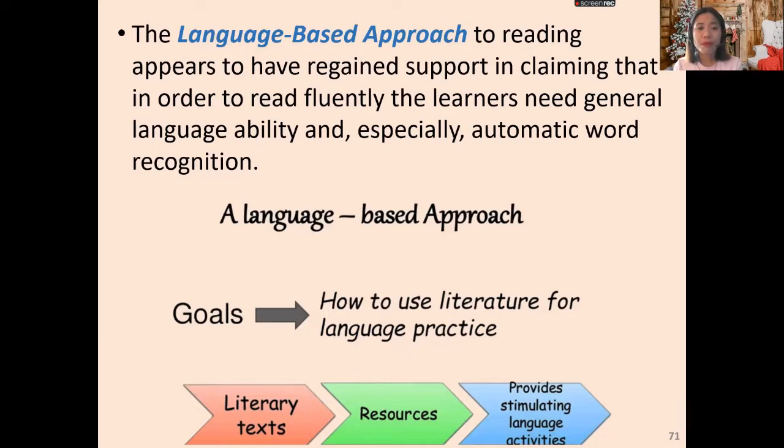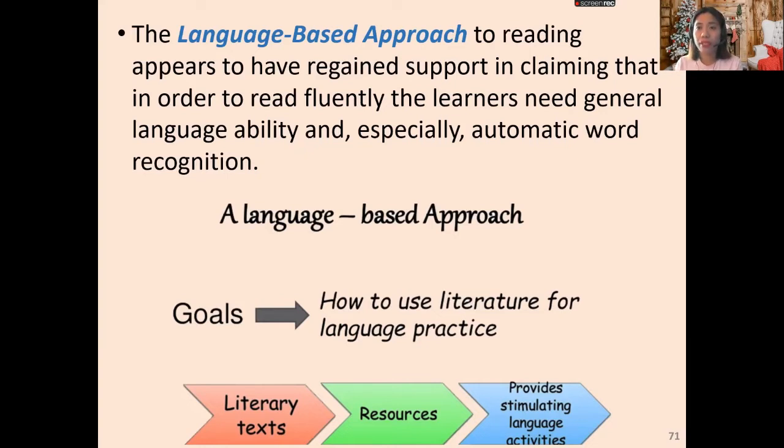A language-based approach is you learn the conventions, or you know things about the language that you are learning, and then from there, when you also read, it would be easier for you to comprehend. And then goals: how to use literature for language practice.